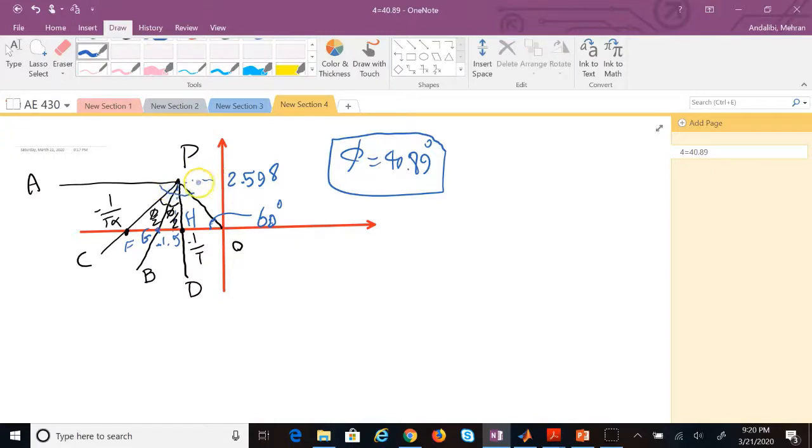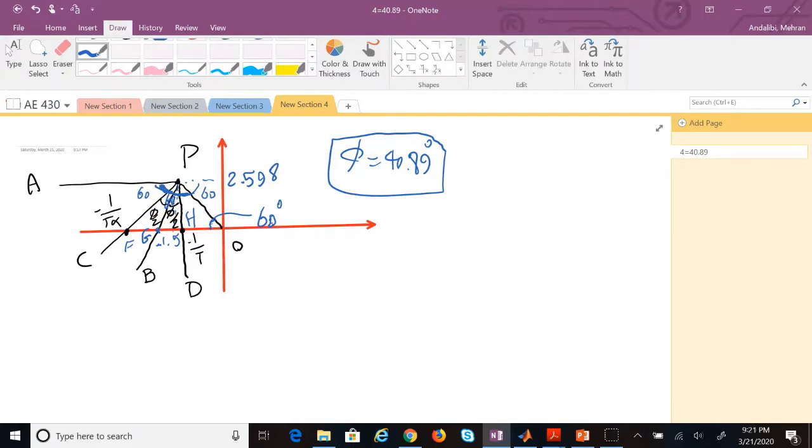Because this is 60, and those two angles that are equal, this one and this one, should also be 60 and 60. Okay, so every angle here is 60.